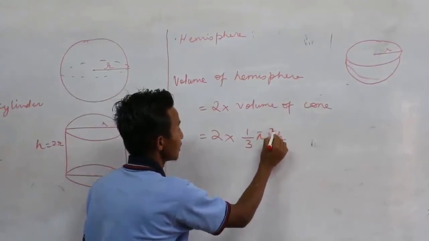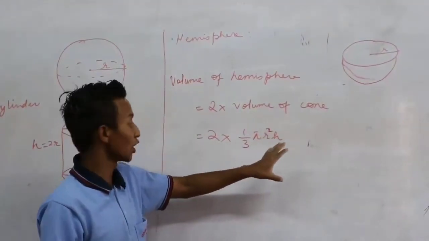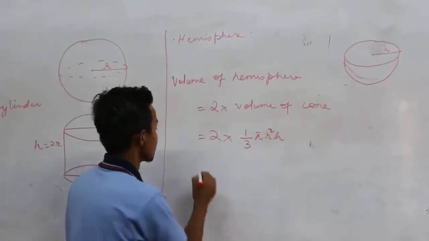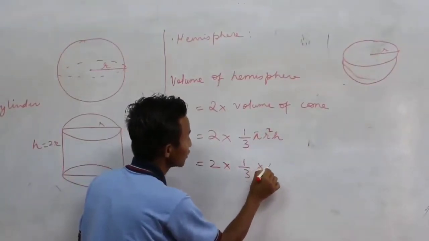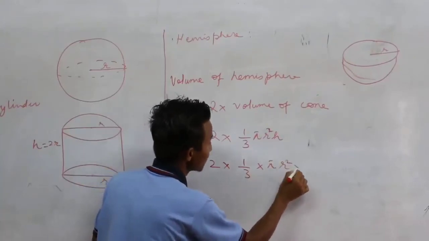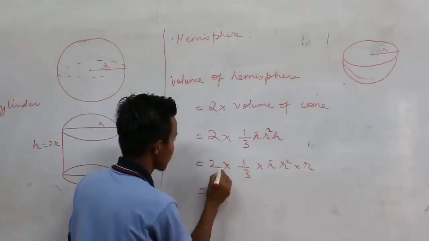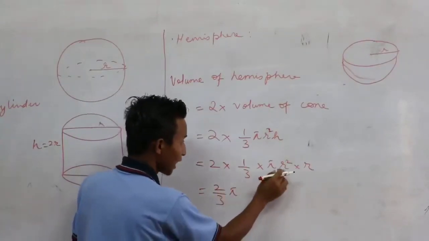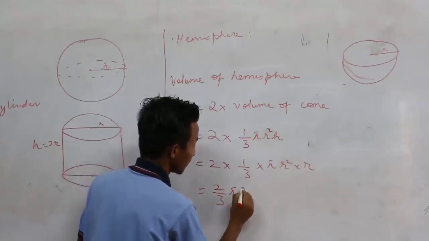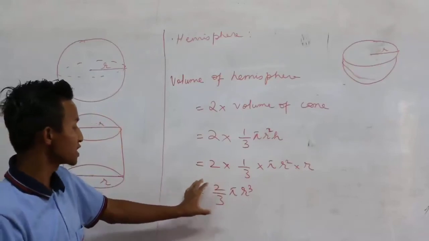But h here is equal to the radius of the hemisphere. So 2 into 1 by 3 into pi r square into r. I replace h by r. So we get 2 by 3 pi r square into r, we get r cubed. This is the volume of a hemisphere.